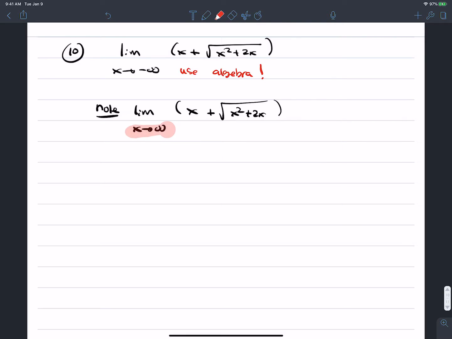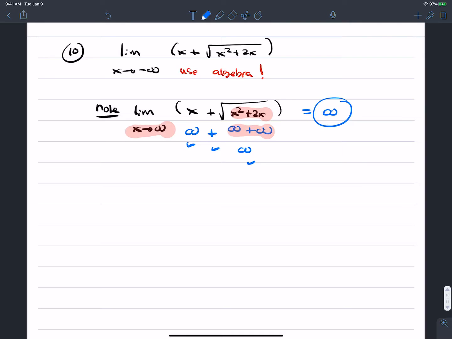See that limit's getting big? Well, this x is getting big. This is the same x. Plus, what's under the radical now? Under the radical, x squared, that limit is infinity. 2x, the limit is also what? Infinity. So under my radical here, I'm taking the square root of something that's getting big, and that's going to be big as well. So I got big plus big. This limit is going to be infinity here. All right, so we knew that from the other day.